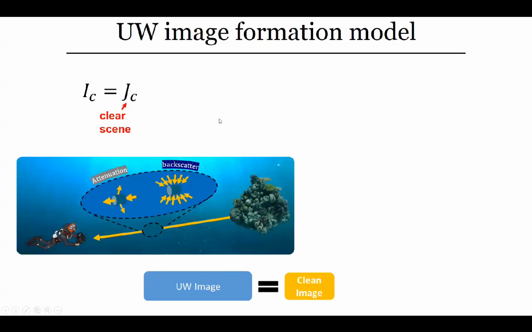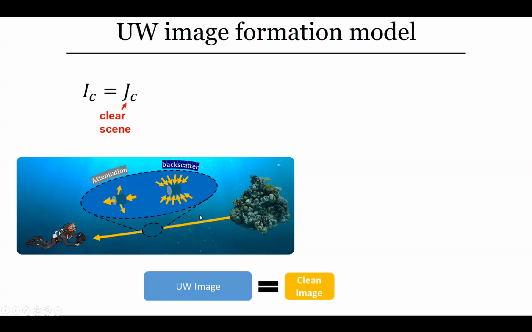Okay, so this is not the case. What in practice happens is that between the scene that we're looking at and the camera, there is this interfering medium, the water. There are many types of water. It depends if you're in a pool or in one sea or in another. This will all affect the visibility.